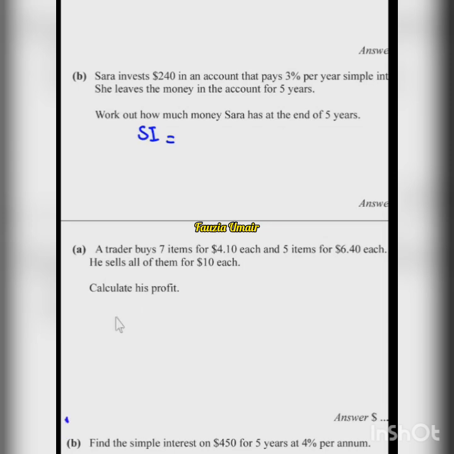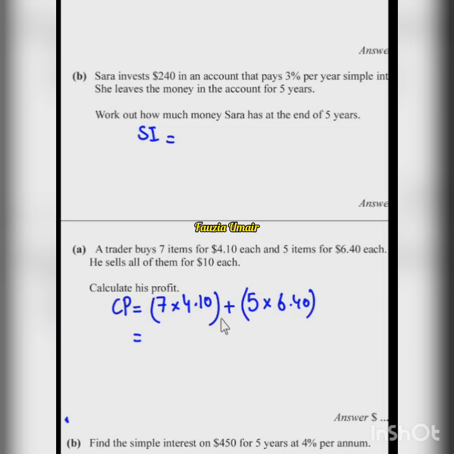For profit, we need to know the cost price and the sale price. So the cost price: he is purchasing 7 items at $4.10 and 5 items for $6.40.